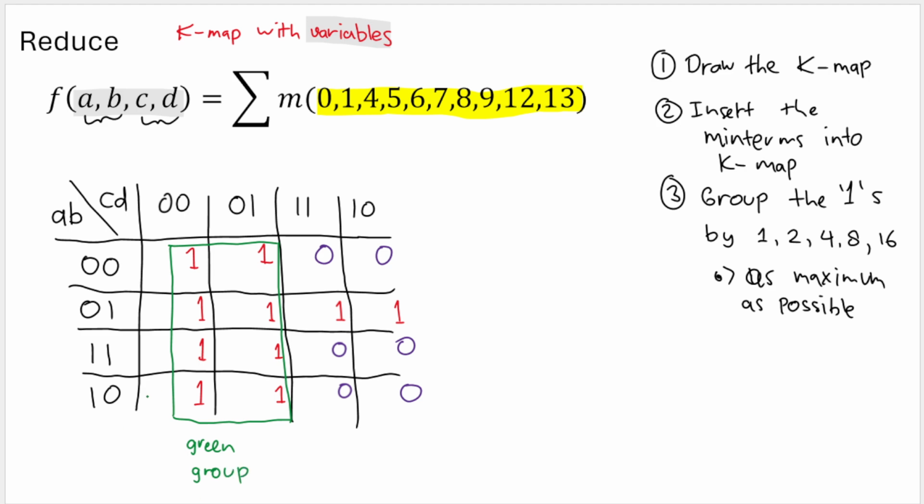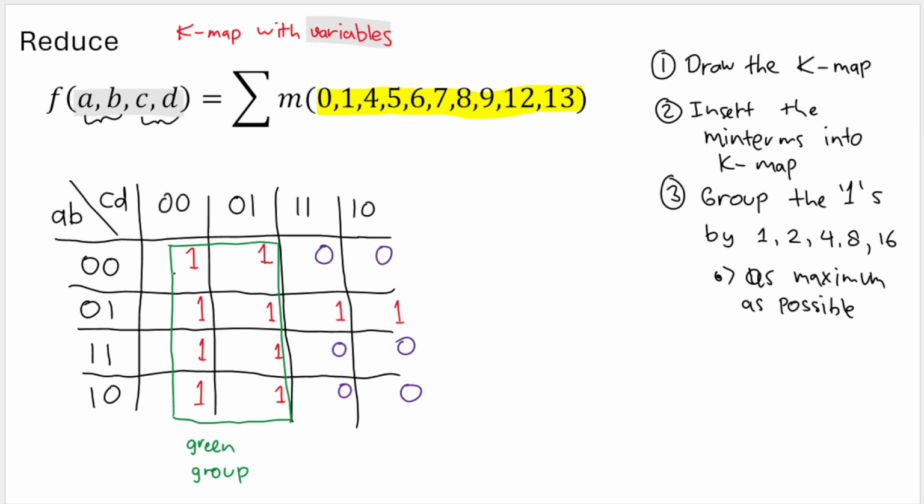And then what else? Okay, let's do another color. Let's do purple. Okay, the second one, you can do it like this, 1 and 1, but we need to do it as large as possible, right? And overlap is not a problem.